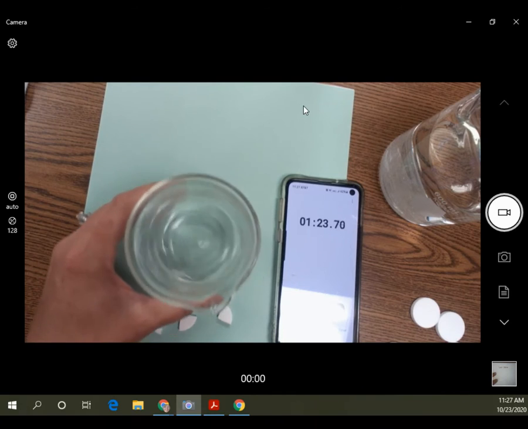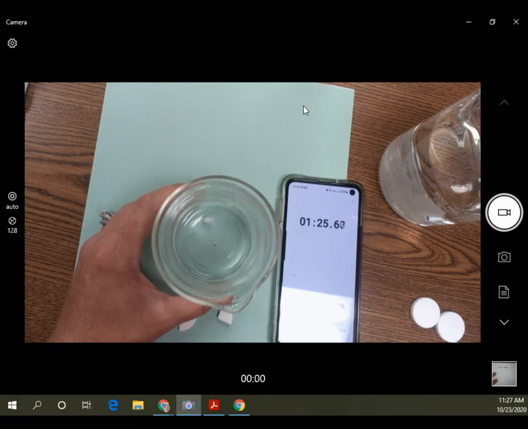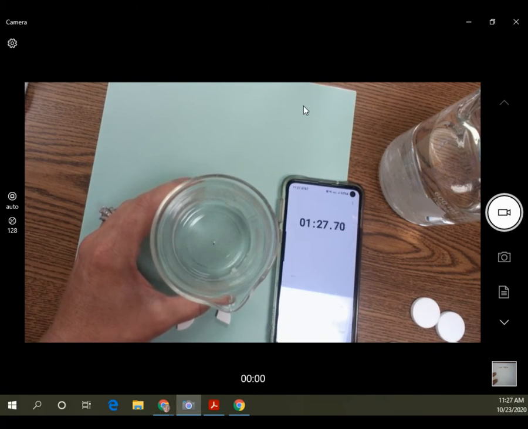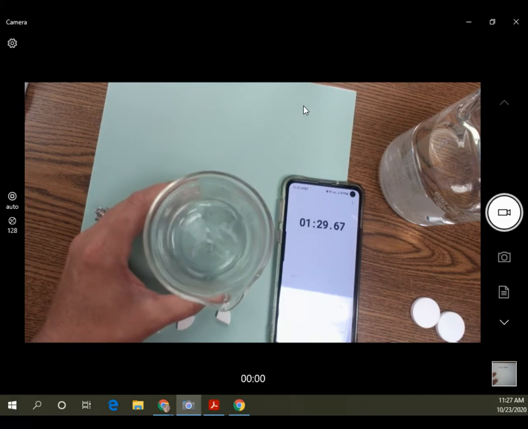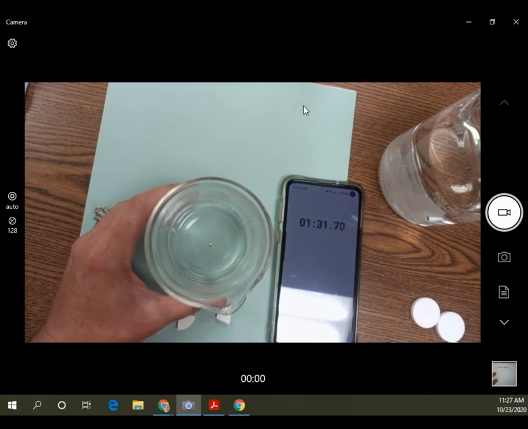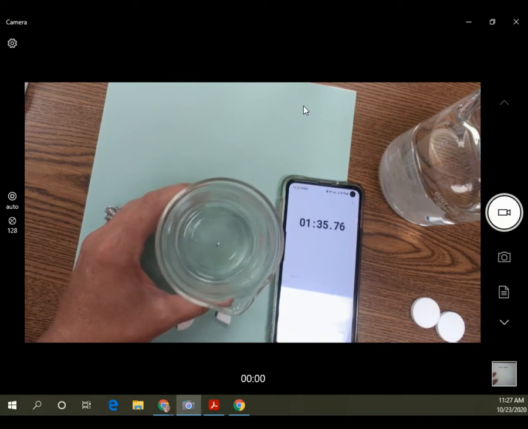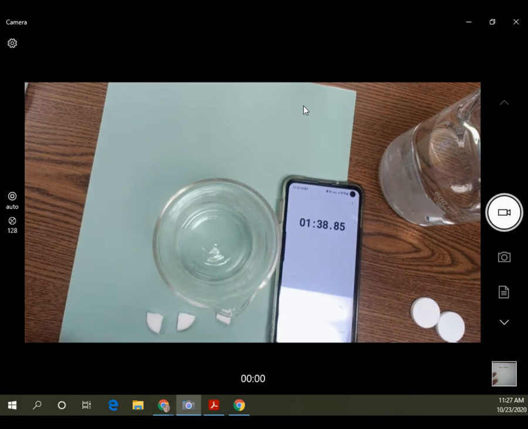We want it to be all the way dissolved. If there's just bubbles, we're going to stop. And that is our time, 1 minute and 38 seconds.